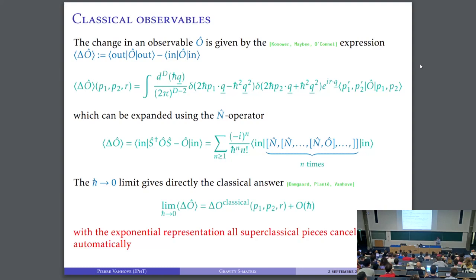Depending on the way you organize the computation, these people in their paper had shown by a careful computation that all the singular pieces would cancel, leaving you a finite result. But what they were missing is this formalism that streamlines the approach. Then the h bar going to 0 limit of this operator is just the classical piece plus potentially quantum corrections.